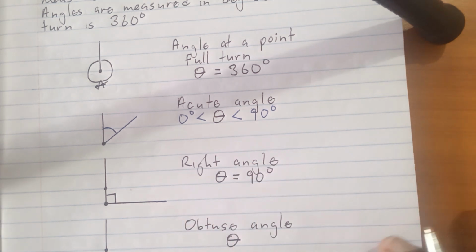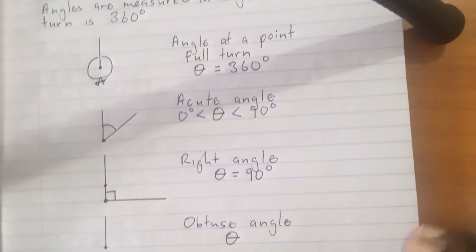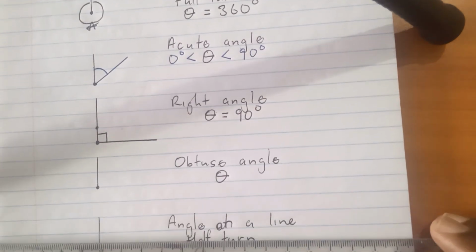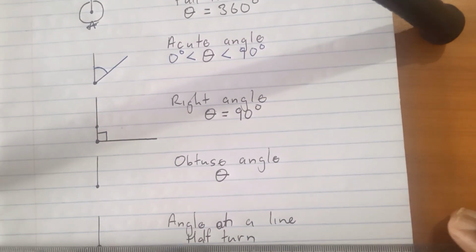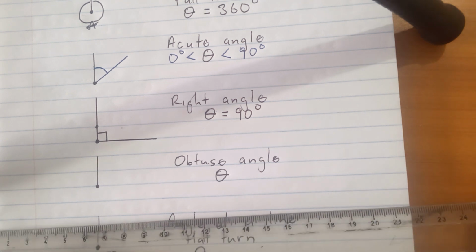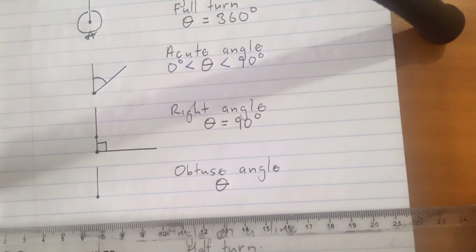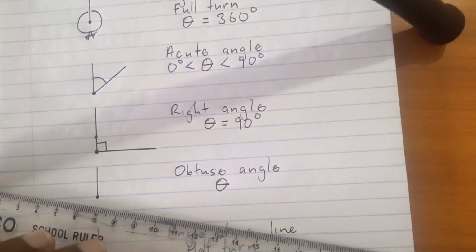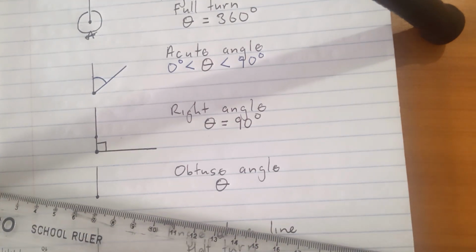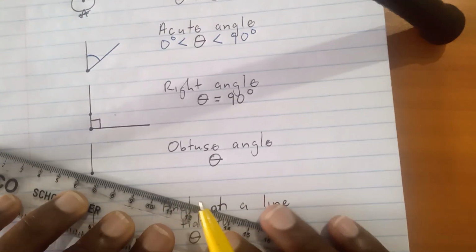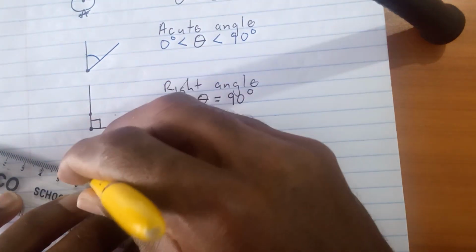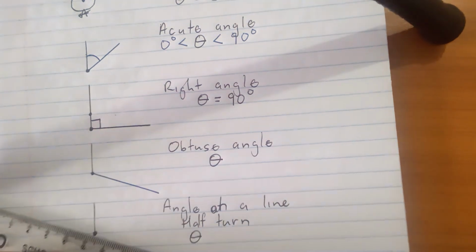Then we go to the next part, which is what we call an obtuse angle. Obtuse angles are angles that are more than 90 degrees but less than 180. An example is an angle like this, okay?